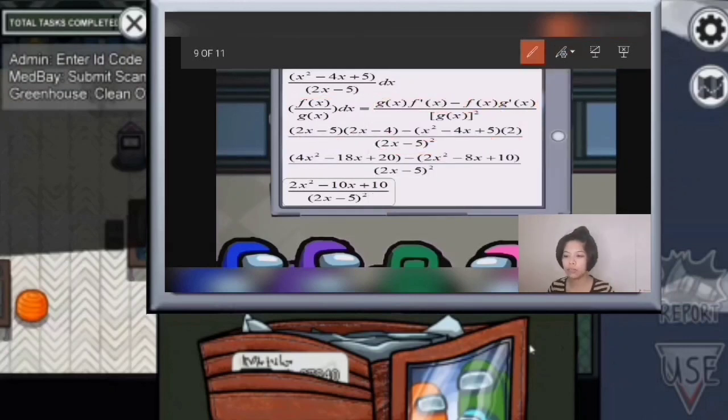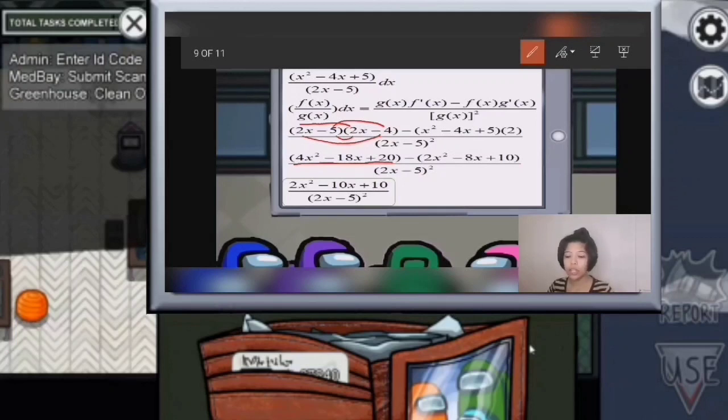Next step is using the distributive property of multiplication, or the FOIL method. In our example here, we have to first use the FOIL method. So, the quantity of 2x minus 5 times the quantity of 2x minus 4 is equals to 4x squared minus 18x plus 20.